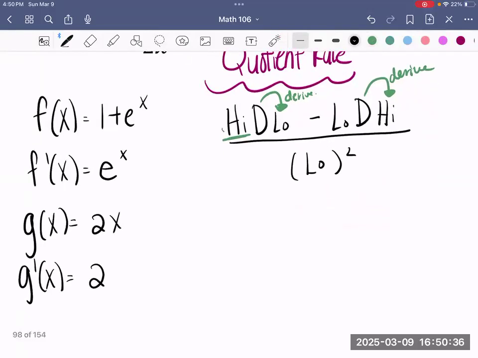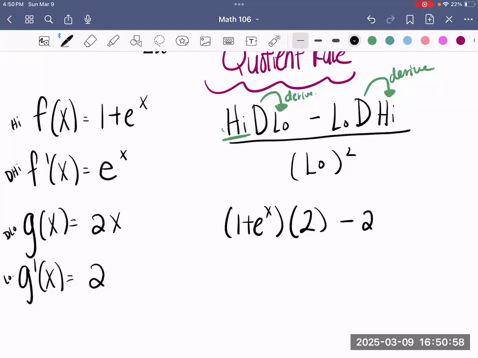So either way, we have, let's see, high d low. So we have high as 1 plus e to the x. Low, we have 2x, and d low is just the derivative because this is high and this is low. This is d high and this is d low. So we have 2x times e to the x, minus, and then we have 2 times 1 plus e to the x.